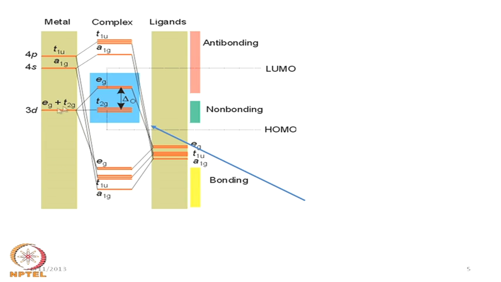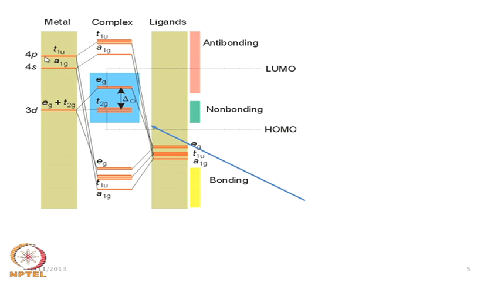So, in essence, these are the 4s and 4p orbitals which we have, where the symmetry levels are A1g and T1u, and we have the corresponding symmetry levels from the ligand side also. This is the typical interaction where the ligand orbitals are of lower energy, because the 4s and 4p are above the corresponding energy of the 3d level.